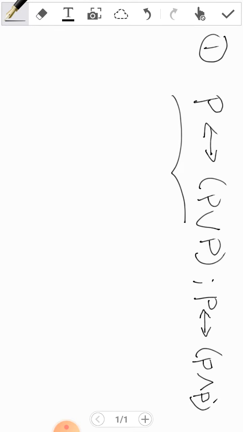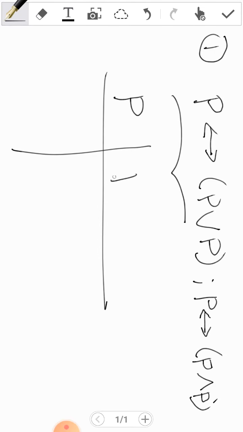So how do we show this? Using our truth table, since we only have one proposition involved, which is P, we have P, and then we have P or P. We want to show that proposition P is just equivalent to P or P. Since we have a single proposition here, it can either be true or false.